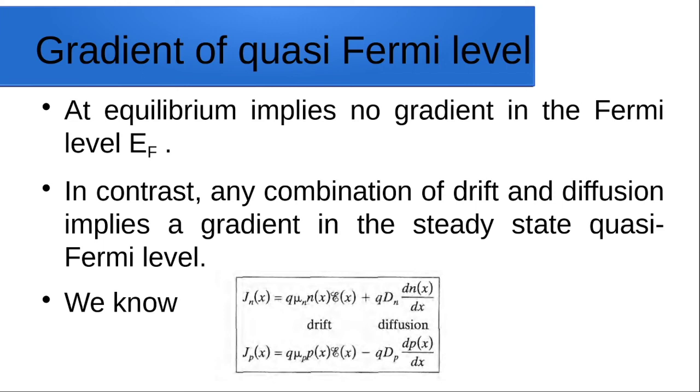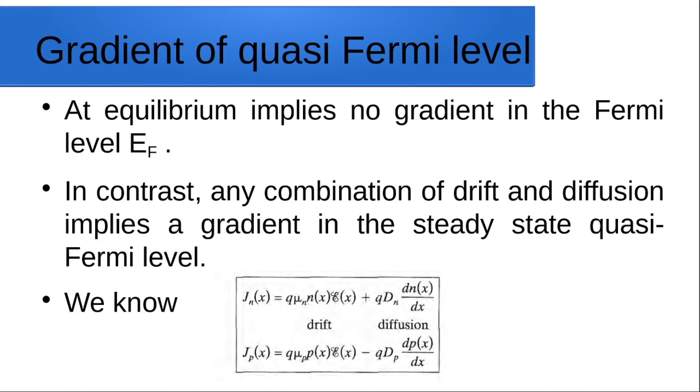And while we were discussing drift and diffusion current, we were not concerned about this Quasi Fermi level, because we were just considering the equilibrium condition where we have one Fermi level EF. But it has a relevance in our discussion of drift and diffusion.